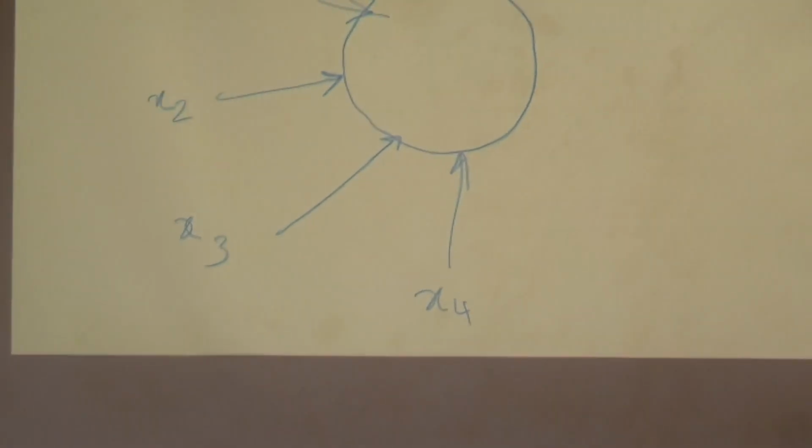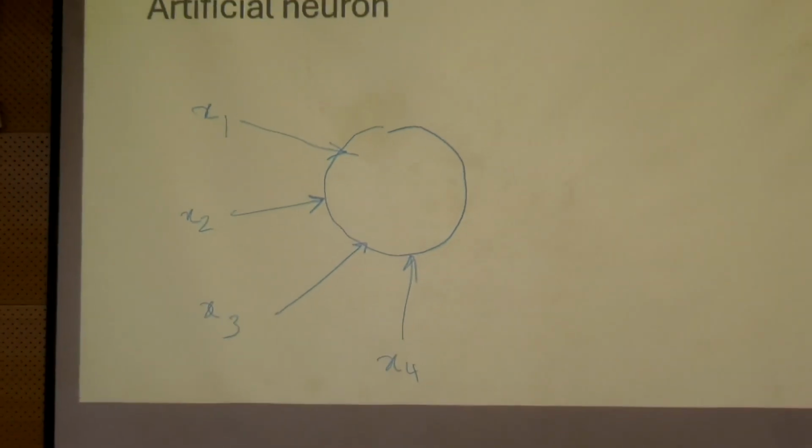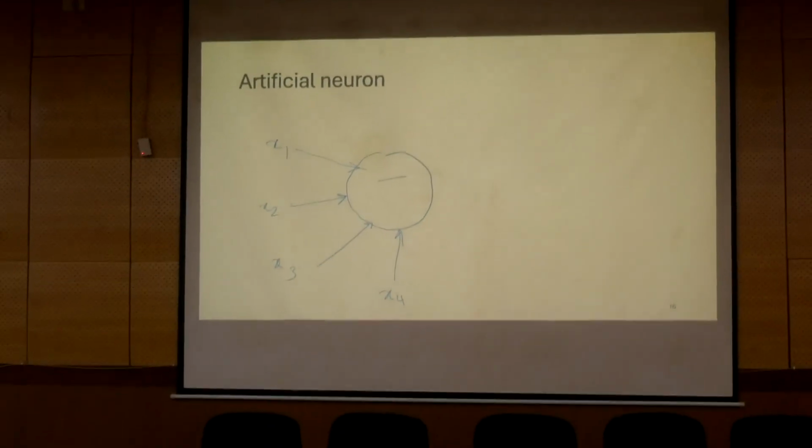Okay? So with this idea in mind, if we can abstract this idea into an artificial neuron, the way an artificial neuron can be thought of is, let us say we have an artificial neuron, it will receive multiple inputs. So these are all inputs, let's say x1, x2, x3, x4, like that. The first thing it will do is aggregate. Okay? Aggregation means summation.